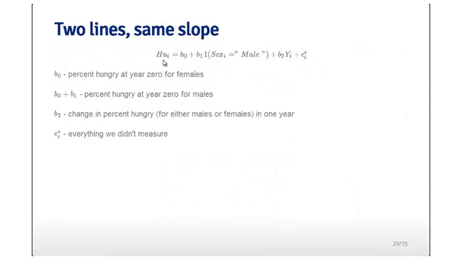So here's one way to do it so that only the intercept changes. What I've done now is I put an indicator variable for gender equals male. So what happens? You get our outcome H is equal to beta 0 plus beta 1 plus beta 2 year, the expected outcome if the person is male.